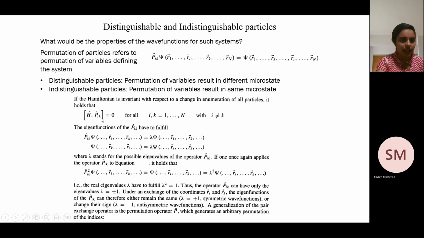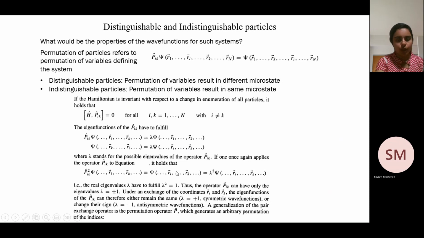So the eigenfunctions of H will also be the eigenfunctions of Pik. We can write that when we operate Pik on some wave function psi, which was initially an eigenfunction of the Hamiltonian, you get lambda psi, where lambda is the eigenvalue corresponding to this operator Pik. So these are the possible eigenvalues of the operator Pik.